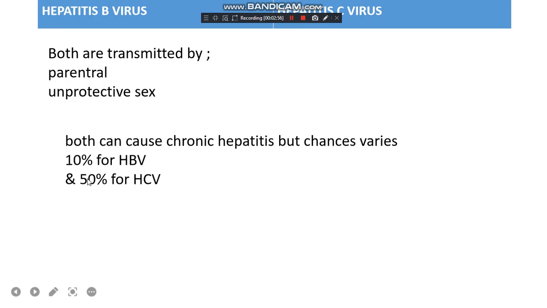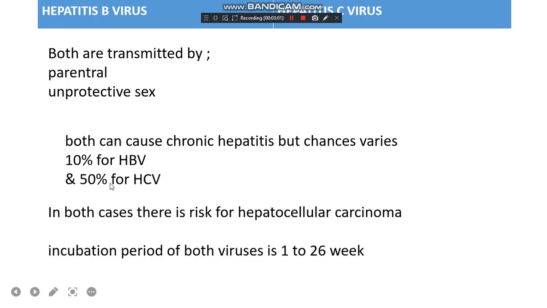However, in 50% of cases, hepatitis C virus can cause chronic hepatitis. Now, in both cases, there is risk for hepatocellular carcinoma. And the incubation period of both viruses is around 1 to 26 weeks.